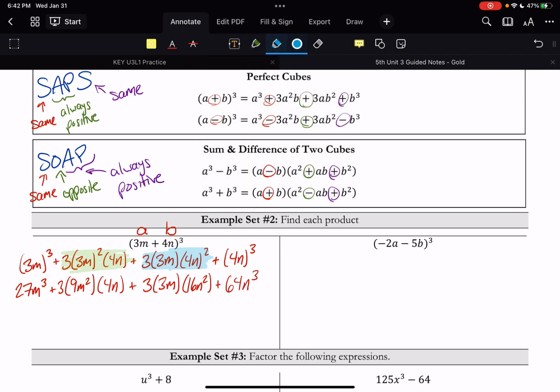And again, just keeping this together, I do have to do this one more multiplication with both of my middle terms.